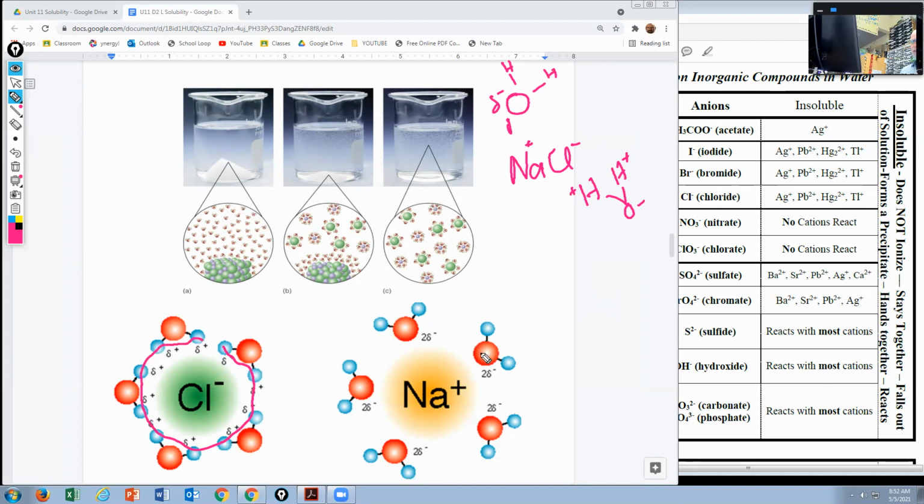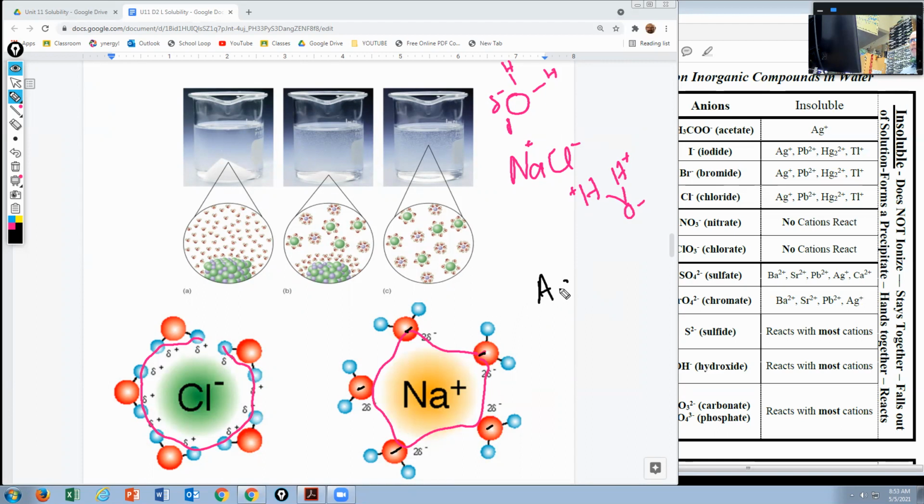And on the sodium, you can see that all these negative oxygens are surrounding. If I said sodium, I meant chloride. All of these hydrogens are surrounding the chloride, and all of these oxygens, which are negatively charged, are going to surround the sodium. And so that's what breaks apart.